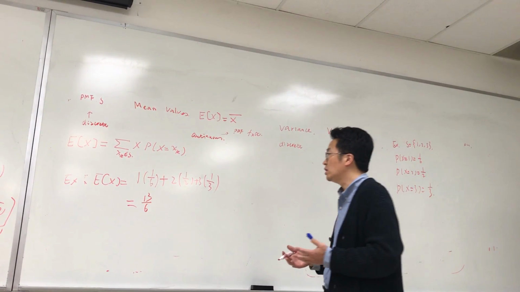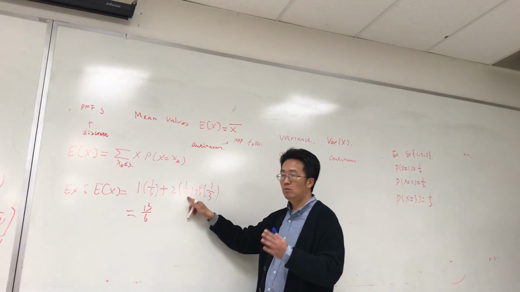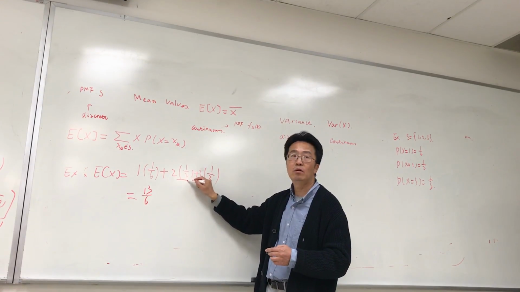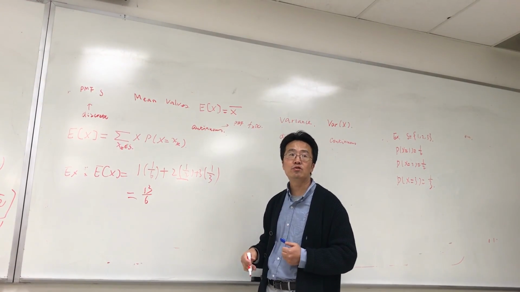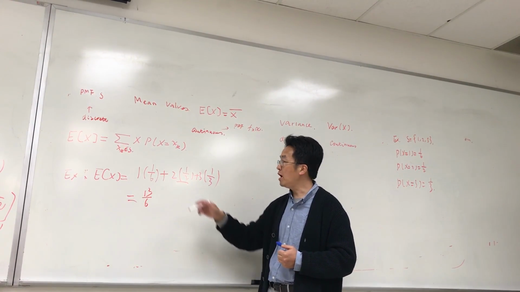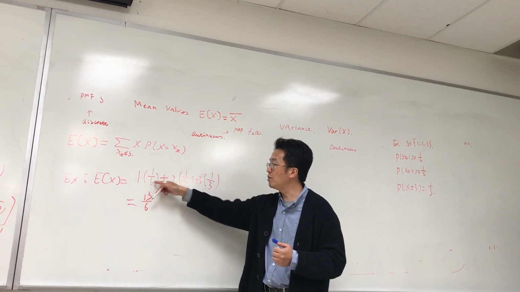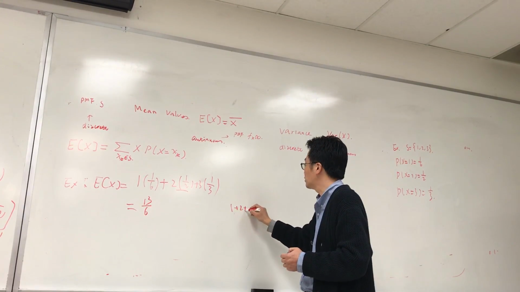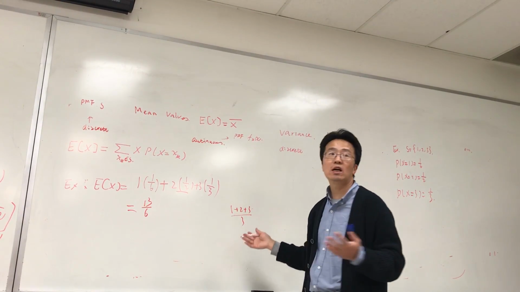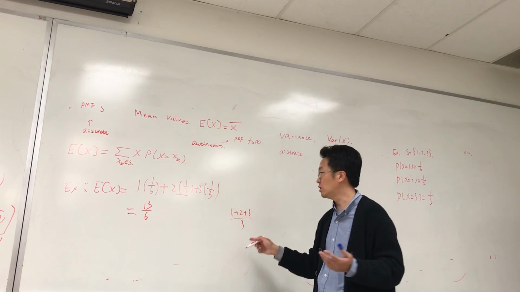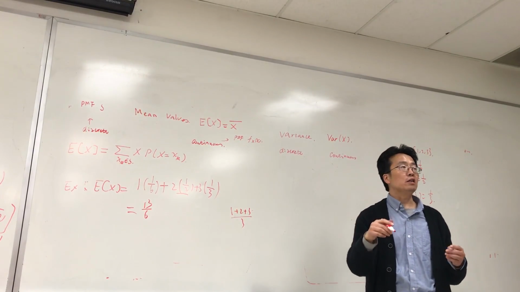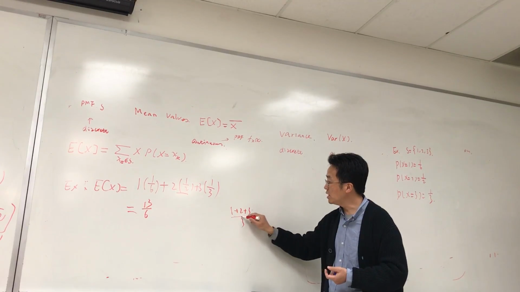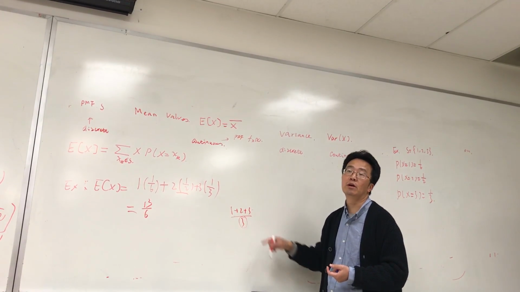Okay, and you can see here, larger probability means larger weight in this average operation. If every value has the same probability, this will become (1 plus 2 plus 3) over 3. That's the common average, right? So you can see here, the common average can be interpreted as a mean value calculation when each element has the same probability.